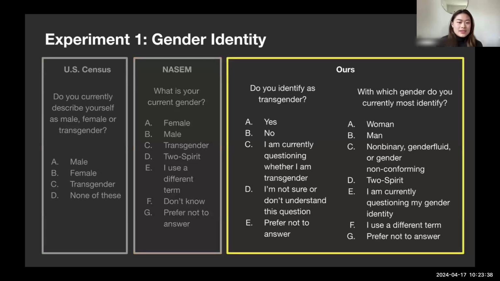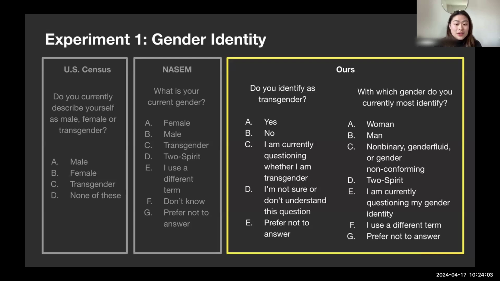For our questions, you can see that there are two critical differences. We made a deliberate choice to separate the trans question and gender identity question rather than collapse them into one. While they are intertwined, identifying as transgender is ultimately a different measurement than gender. For example, one can identify as both transgender and as a woman. These two aspects are not mutually exclusive.